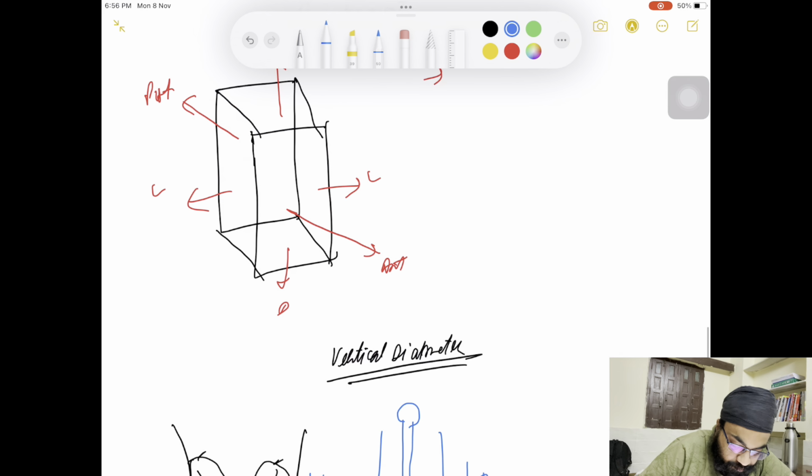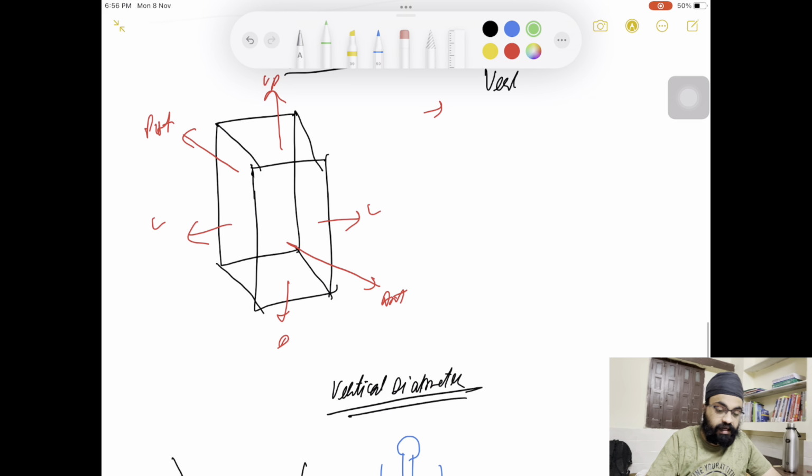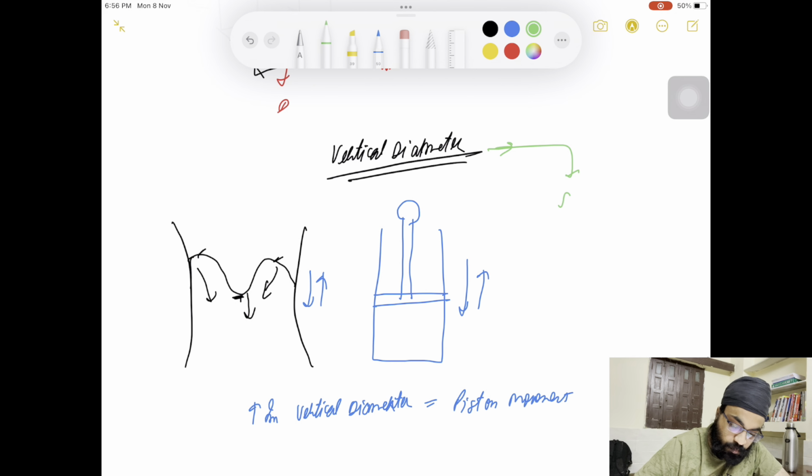And one more thing, I said that we can expand this cube in all 6 directions. So in the vertical diameter, we can expand it upwards and downwards. Theoretically it is possible to expand it upwards and downwards, but not practically. Why? Because superiorly, in the case of the vertical diameter, we have the suprapleural membrane.